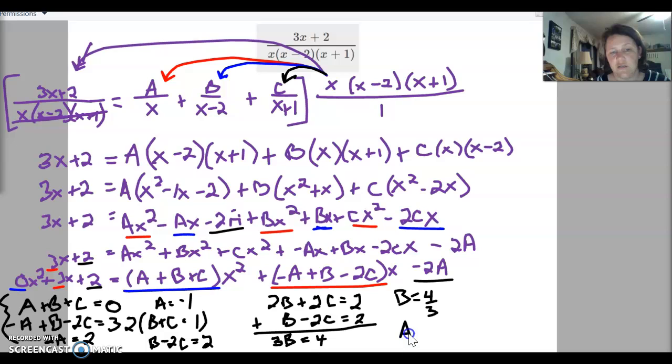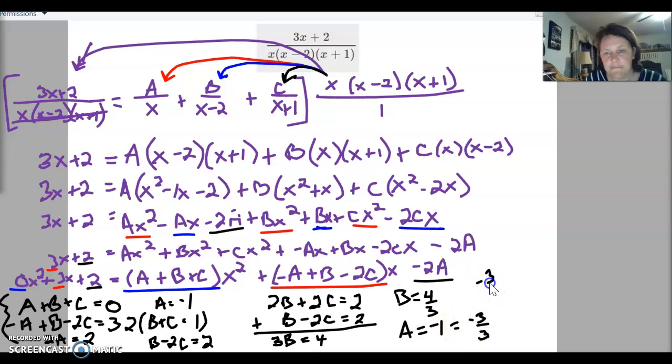We also already found that a equals negative 1. So let's take one of these previous equations and solve for c. I'm going to take that first one, a plus b plus c equals 0. And so I have a, but since I'm working in thirds, I know I'm going to have to add these two fractions. Let's go ahead and write that a down as negative 3/3.